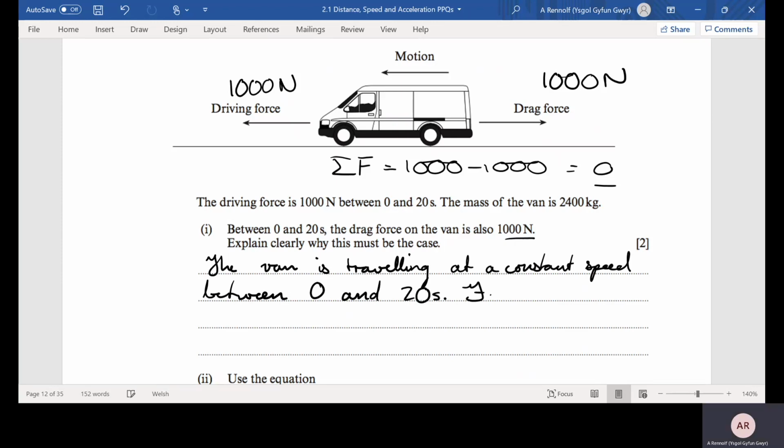For this to be the case, there must be no resultant force.